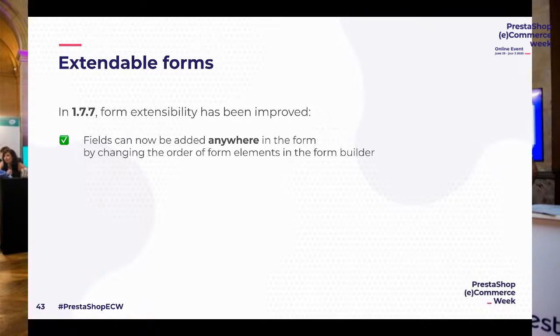The good news is that fields can now be added anywhere in the form, just by changing the order of the elements within the form builder. You get the form builder in a hook, so you can change it in a hook.